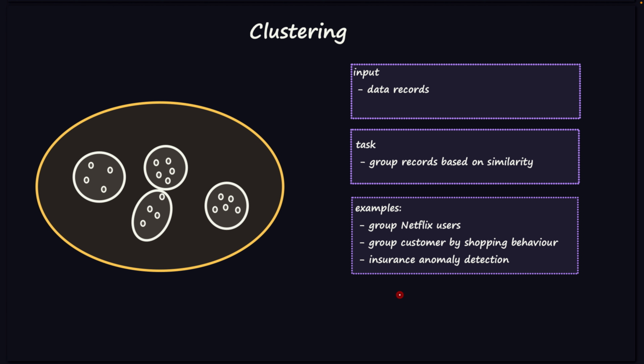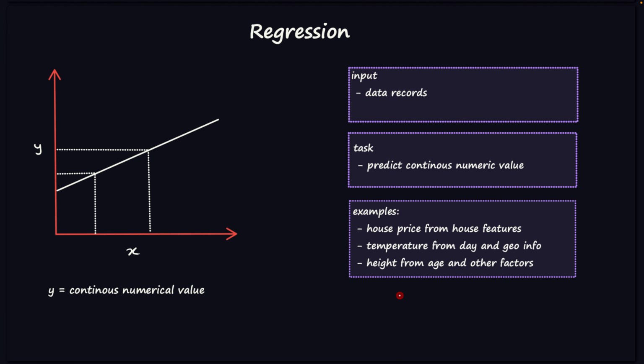Now let's move on to the third type of task, which is regression. Regression is again very similar to classification, but the difference is that rather than assigning a class or a label to the input record, the task here is to predict a continuous numeric value for each of the input records.